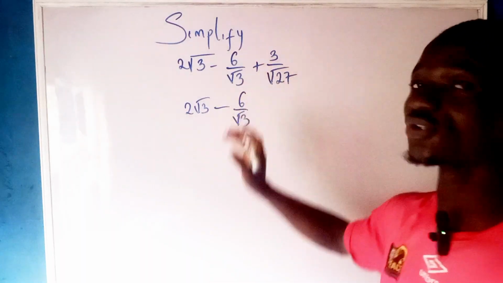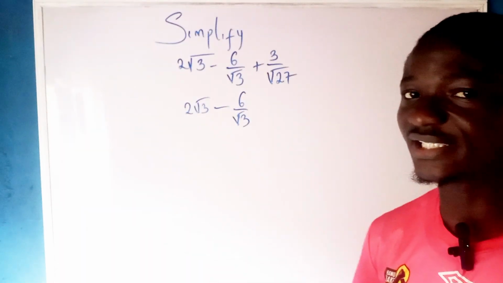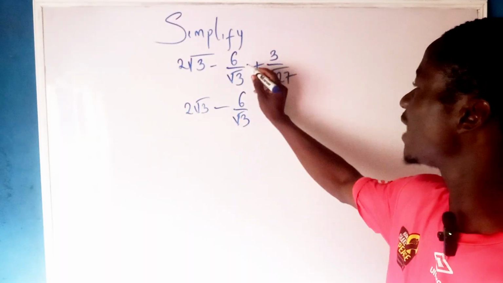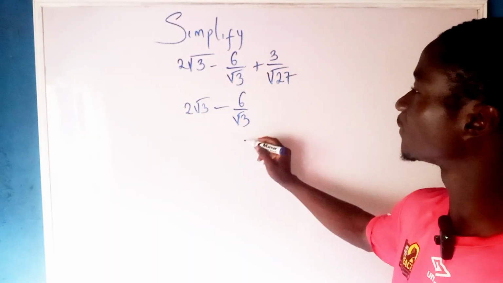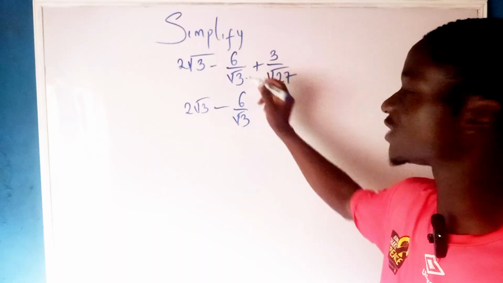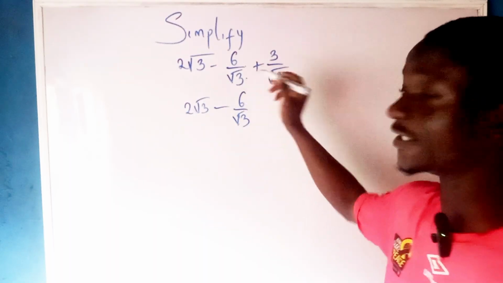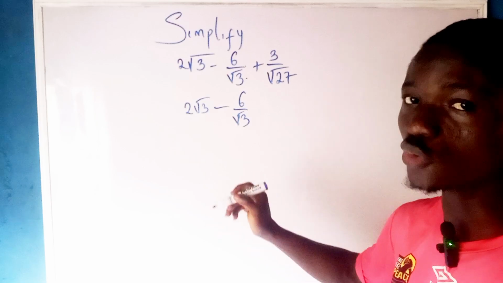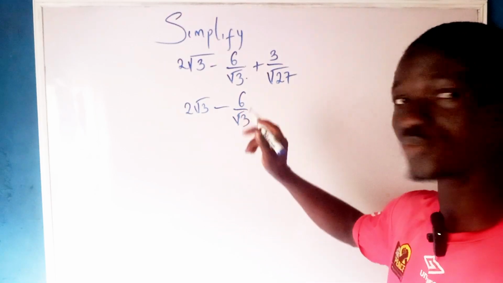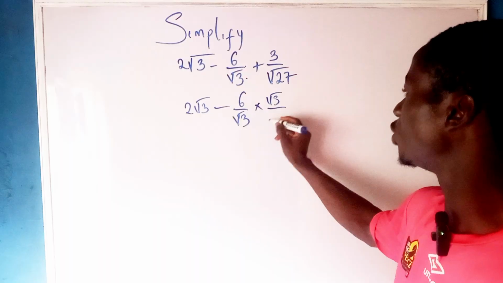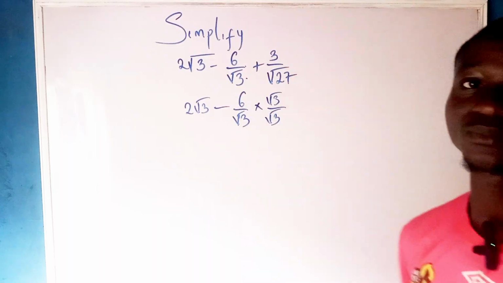Now, to rationalize this first fraction, we are going to multiply the numerator and the denominator of this particular fraction by root 3, which is the denominator of the fraction, just to remove the root. So we have multiplied by root 3 all over root 3.